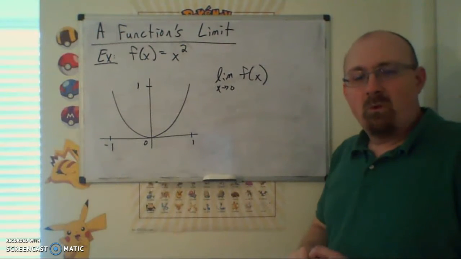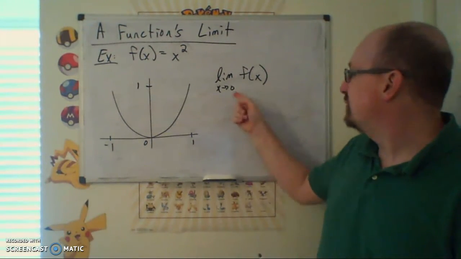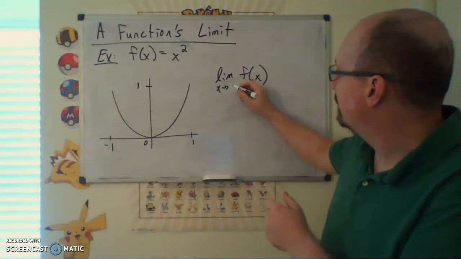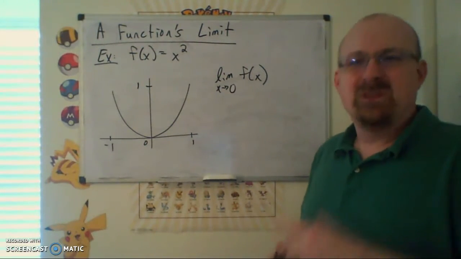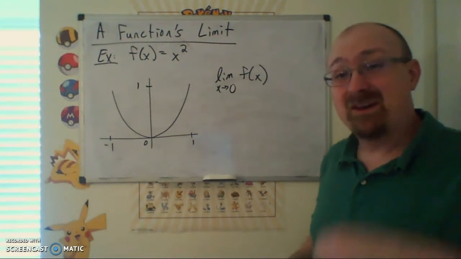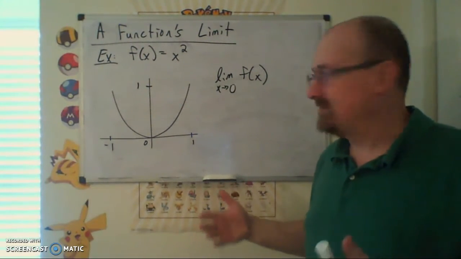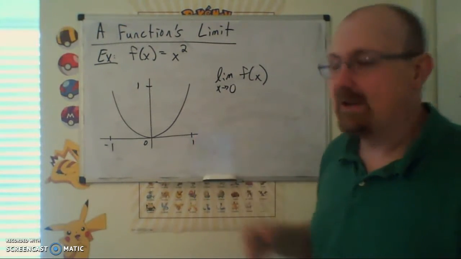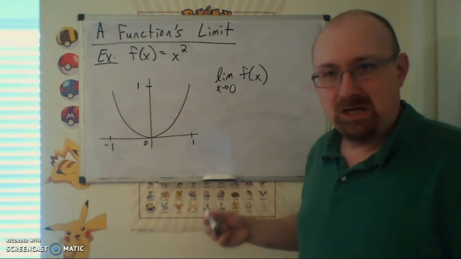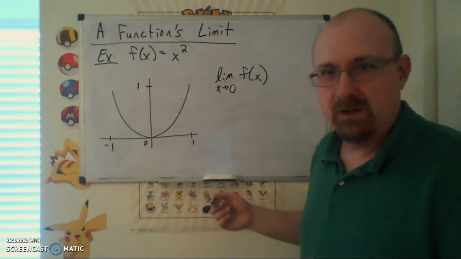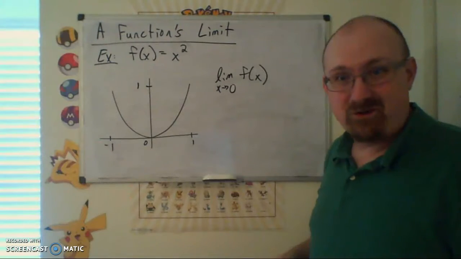So what I want to take a look at is what this function is doing in a limiting sense as we let x get close to, in this instance, 0. All right. So you can kind of tell what's going on here. Remember, in graphical terms, f of x corresponds to our y coordinates of the points that live on this graph, right? So the way I usually describe this is imagine you're a bug, and you're walking along a wire that's kind of in the shape of this graph.